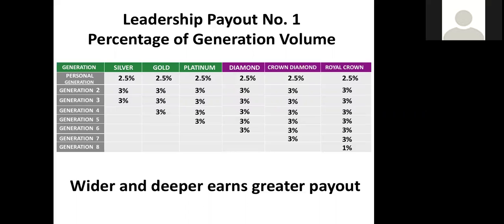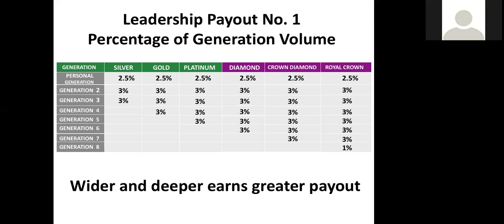So the personal generation, the best way for me to describe it: as a silver, if you have no other silvers in your organization under you, that personal generation would mean that you are able to achieve an additional 2.5% payout on all of the volume in your entire organization, because you have no other silvers under you.